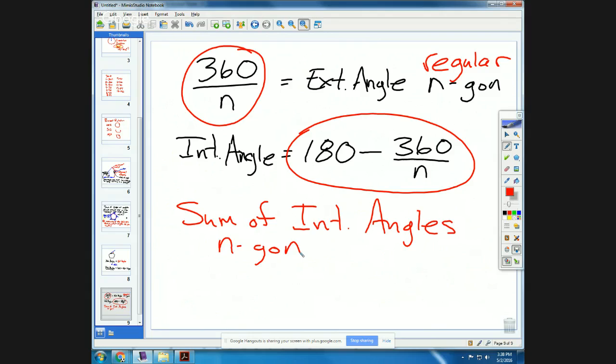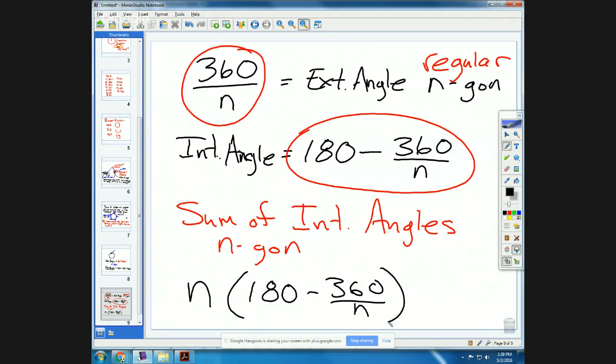So I think for a regular n-gon, the sum of the interior angles is going to be equal to n of those single interior angles, which are found by taking 180 minus 360 over n. We'll try cleaning that up and see what it leads to.